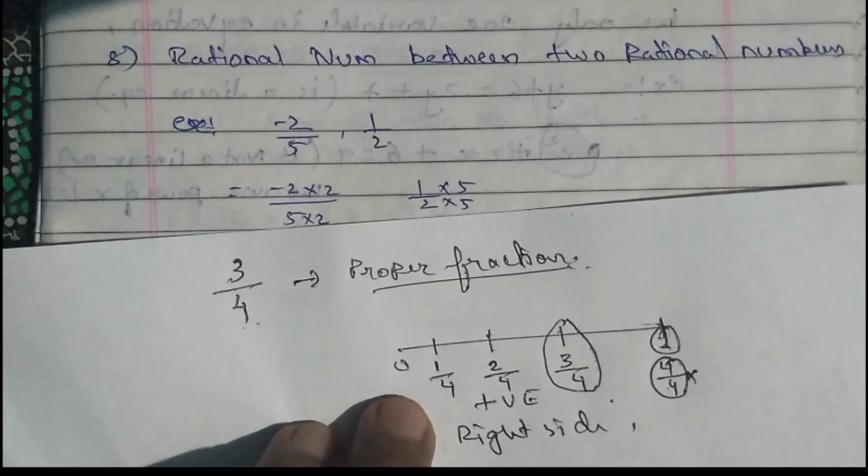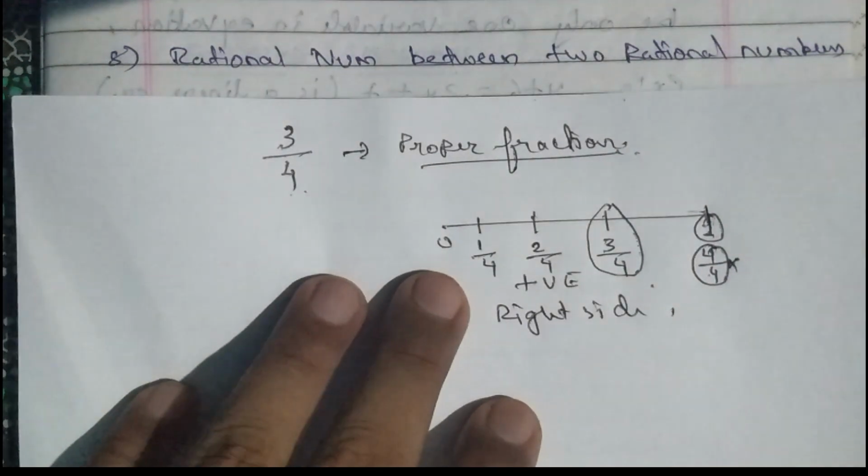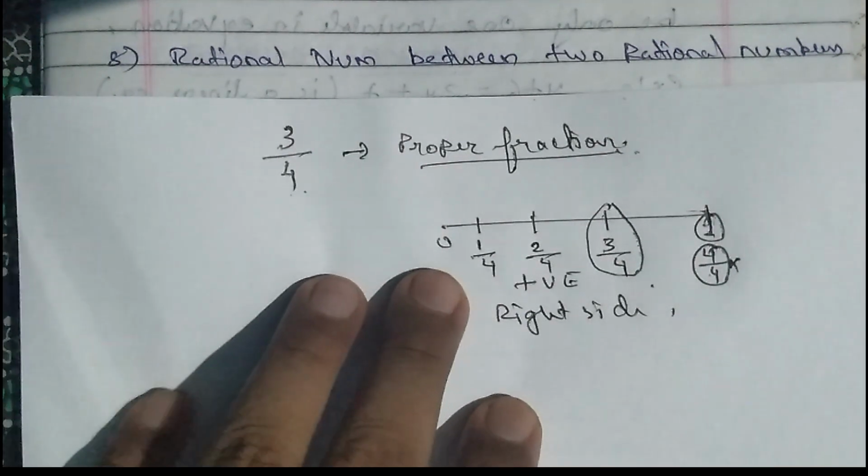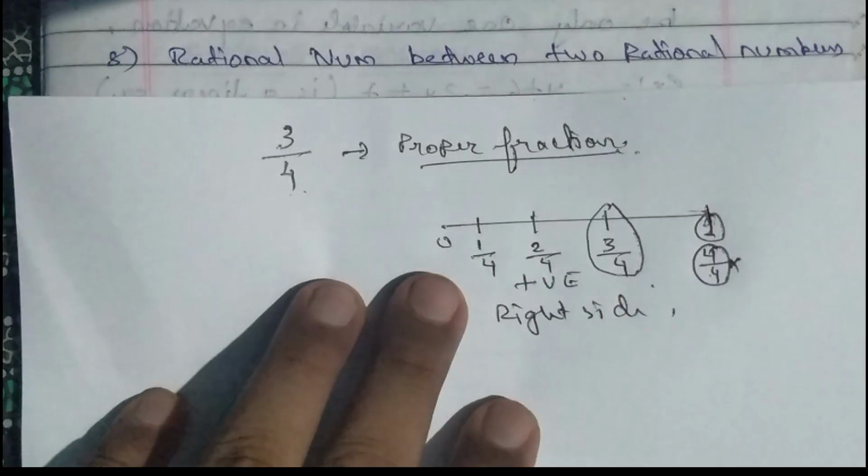Now the last topic of our chapter, that is rational numbers between two rational numbers. There are infinite rational numbers between any two rational numbers.